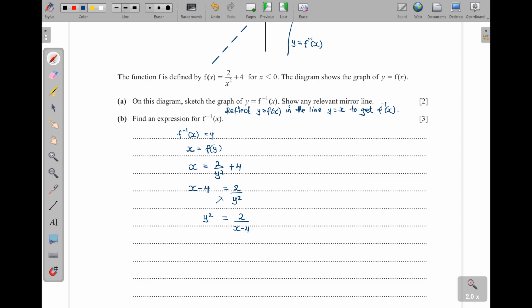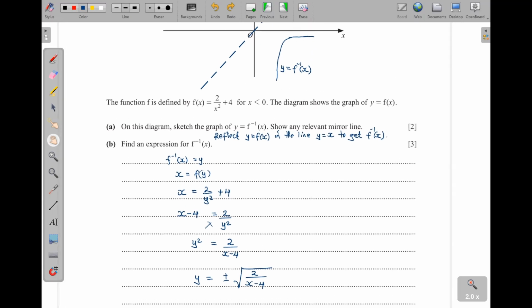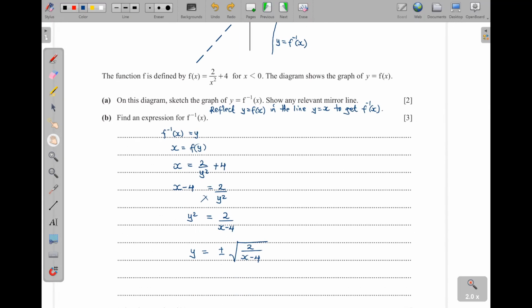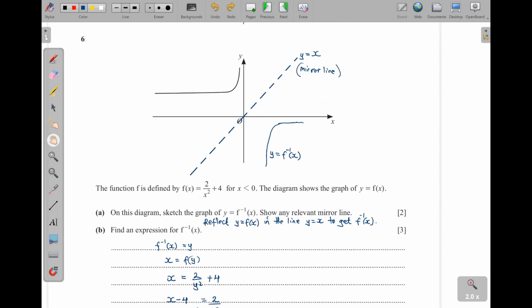So y is going to be plus or minus the square root of 2 over x minus 4. But for a function to have an inverse, it must be one to one. When you put plus or minus, this is not a one to one function. Therefore, we have to choose one of the signs. To do that, go to the function that is given and look at the domain.